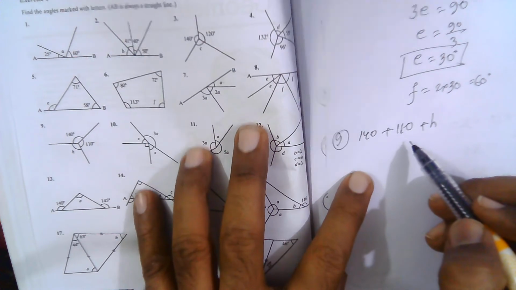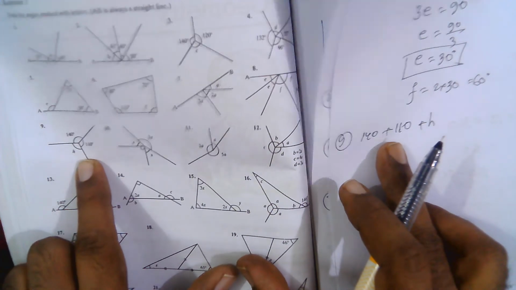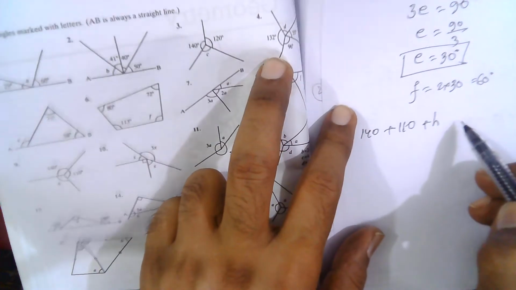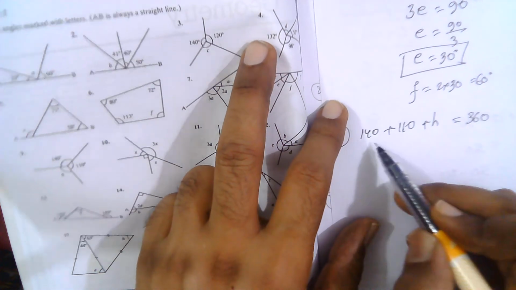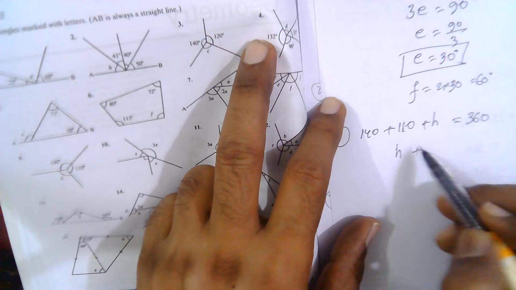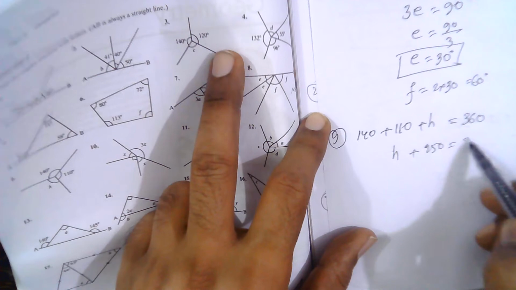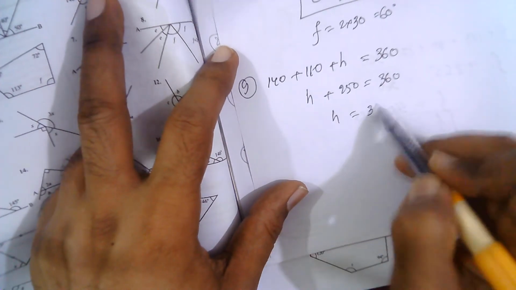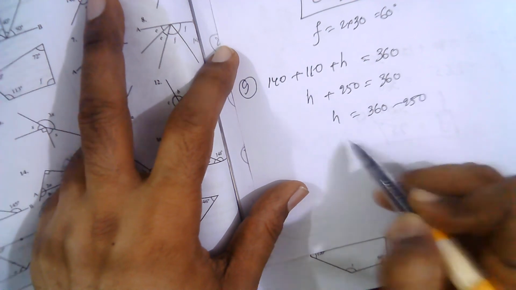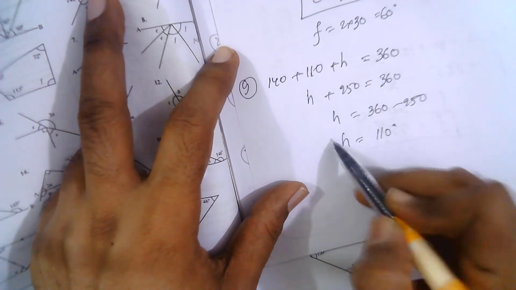The sum of the three angles will be 360. So 100, 200, 250. Therefore h will be 360 minus 250. That is, h will be 110. So this is the result.